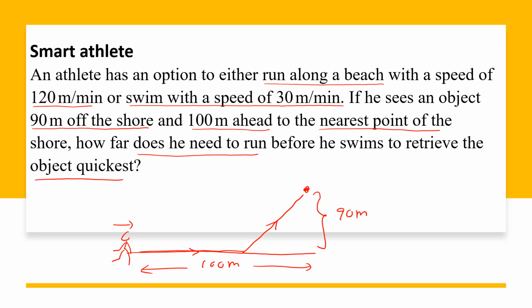Let's try to introduce some variables and see how we can solve the problem. Let's draw the situation now. This is the shore, and this is the object. We have the athlete now. It says 90 meters off the shore, so that's the 90 meters, and this is 100 meters ahead of him.